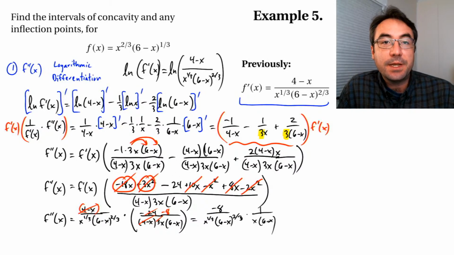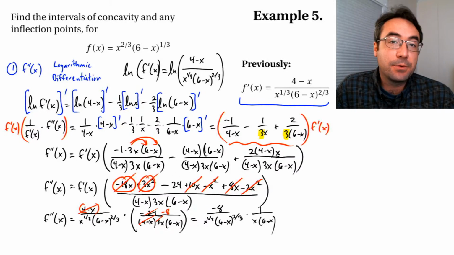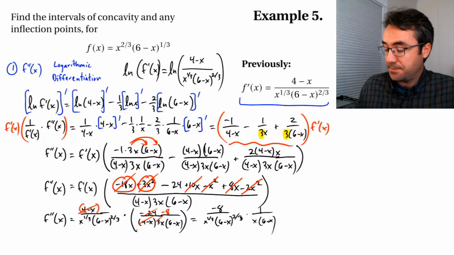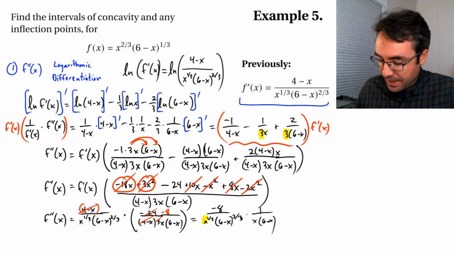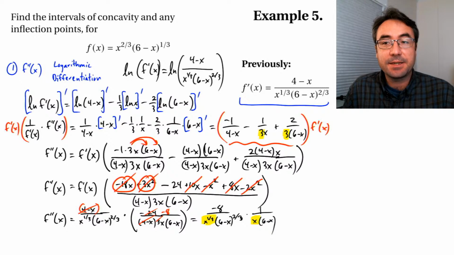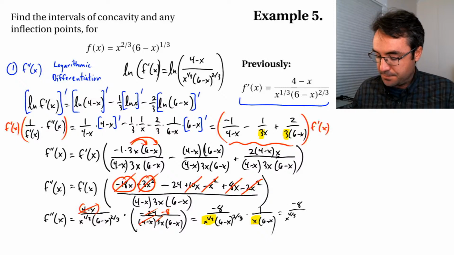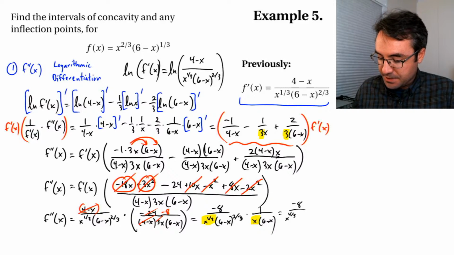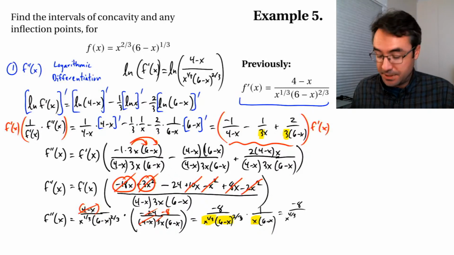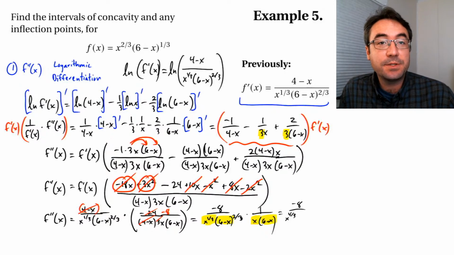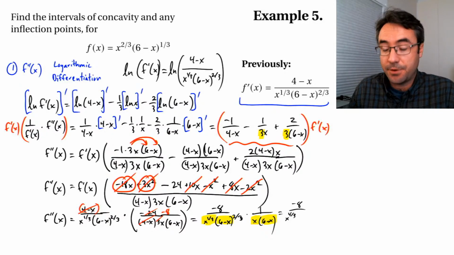And we can just combine those individual powers of x and 6 minus x. So we have x to the 1/3 times x. Those become x to the 4/3. Then we have a 6 minus x to the 2/3 and a 6 minus x. So we add the exponents: 2/3 plus 1 is 5/3.